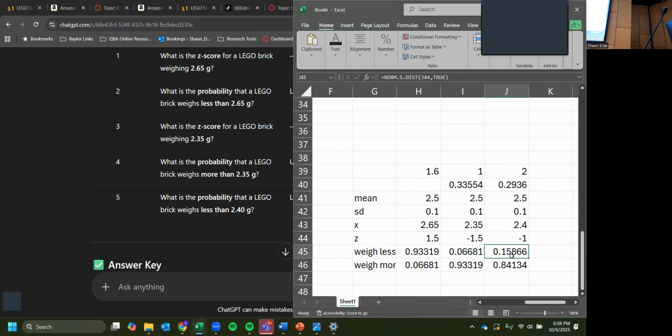Yes, I can do that. What is the probability of getting a Lego brick that is between those two values? Okay, are you ready? It's really not that bad.